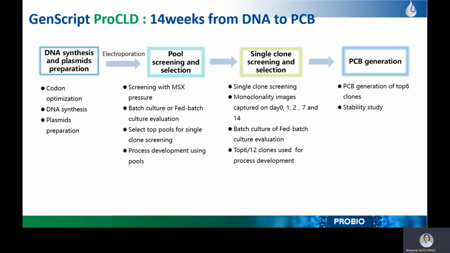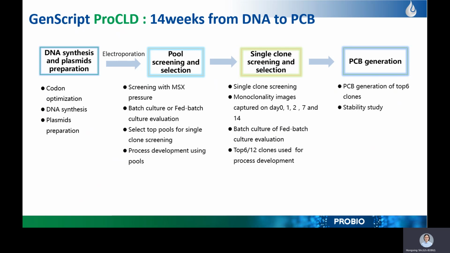Our in-process control first is to divide the process into 4 stages. First is DNA synthesis and plasmid preparation. The second is the stage of pool screening and selection, which includes screening of transfected cells under pressure. And at the same time, the platform solution is used to evaluate the pool so that the better pools are selected to enter the 3rd stage.